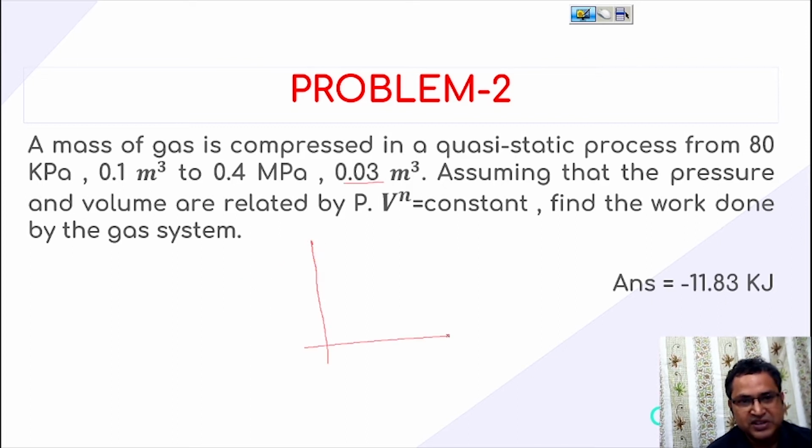So first we will just draw the figure. The gas is compressed in a quasi-static process from 80 kilopascal and 0.1 meter cube to 0.4 megapascal and 0.03 meter cube with respect to the law PV raised to the power n is equal to constant. Then find the work done by the gas system.